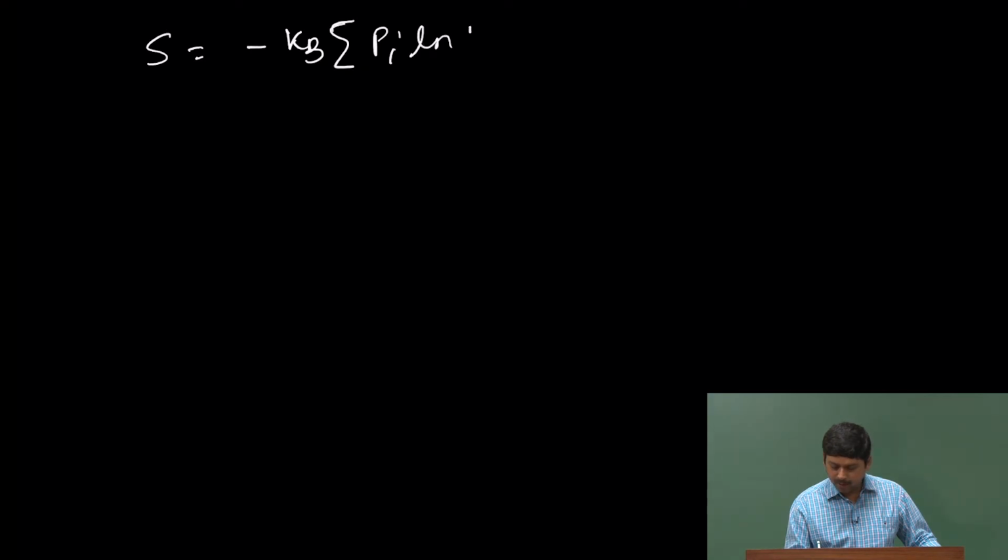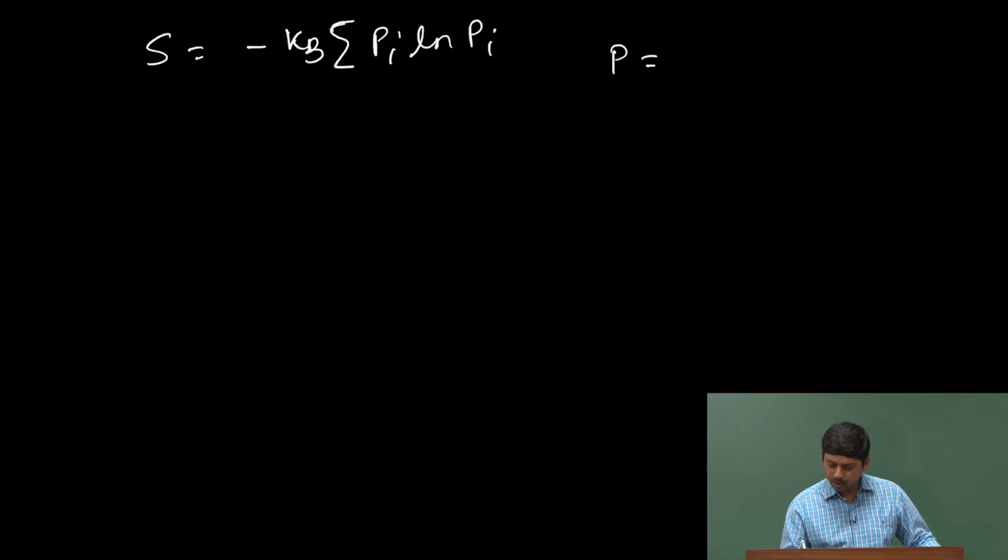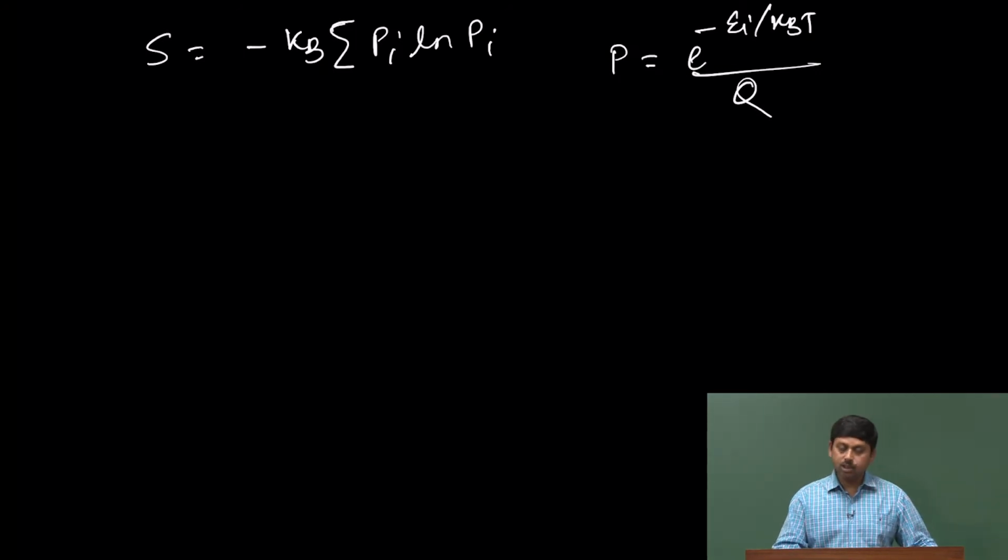Okay, let me just derive how we are getting the Kb ln W. So, we know that S is minus Kb sum of Pi ln Pi. Now, Pi we know as e to the power minus beta Ei, or Ei by Kbt, e to the power minus Ei by Kbt, divided by Q, which is the normalization constant.